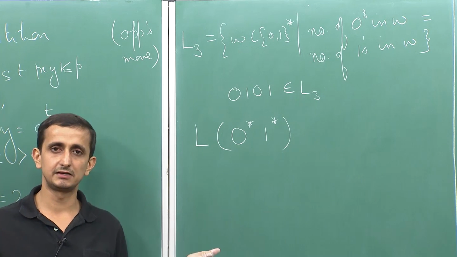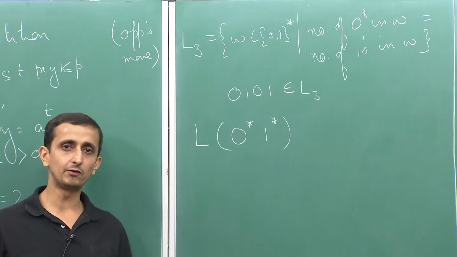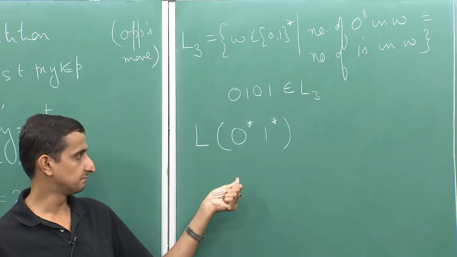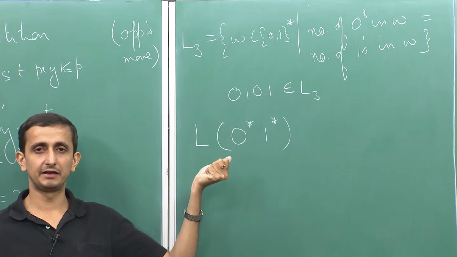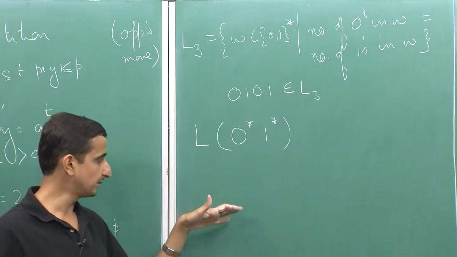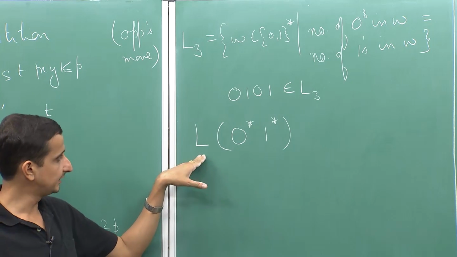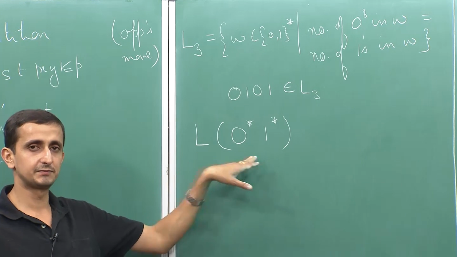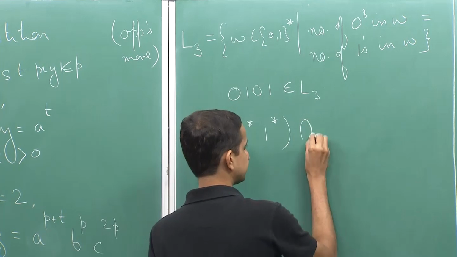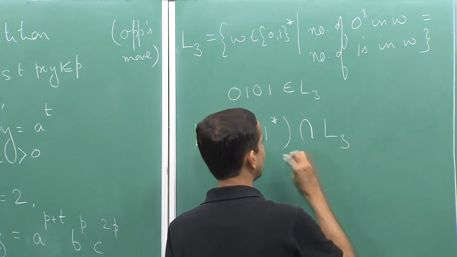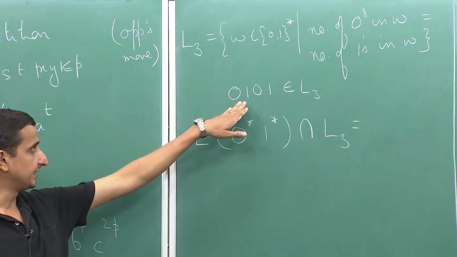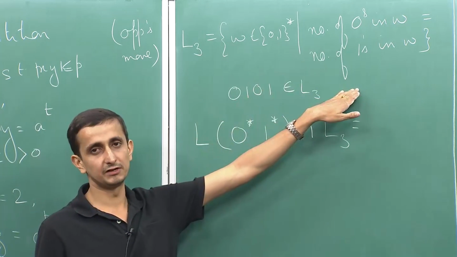It is not necessary that the number of zeros is equal to the number of ones. You can very easily construct an automaton for this language also if you want. But anyway, we consider the language of this regular expression, L(0* 1*), and we take its intersection with our language L3, that is strings which have an equal number of zeros and ones.